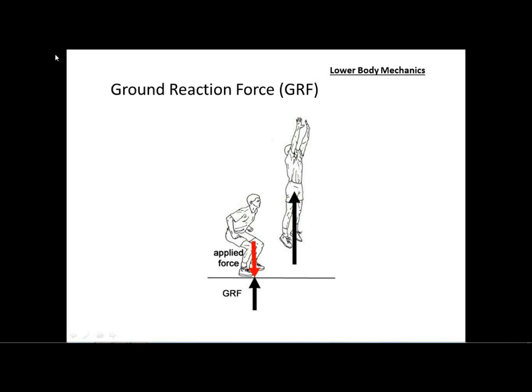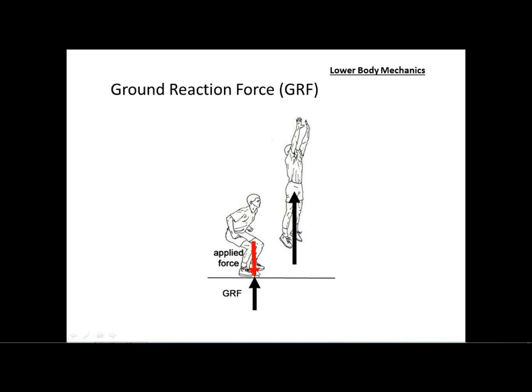If I apply a force into the ground, vertically or perpendicular to a surface, as in my drawing of a guy producing a vertical leap, I'm going to use my hip extensors and my knee extensors, using my glutes and my quads to extend the knee and hip and push into the ground. I'm applying a downward force into the ground, so the force is applied in this direction.